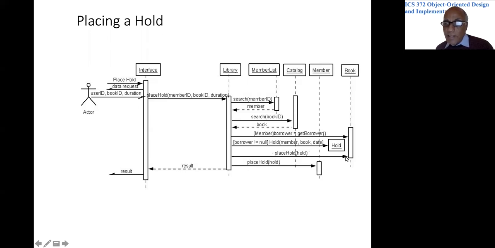So they can each remember that a new hold exists, and the result is returned. Again, this could be an integer that could say whether it was successful or whether there was an error, like bad book ID or bad member ID or checked out book, not checked out book, etc.